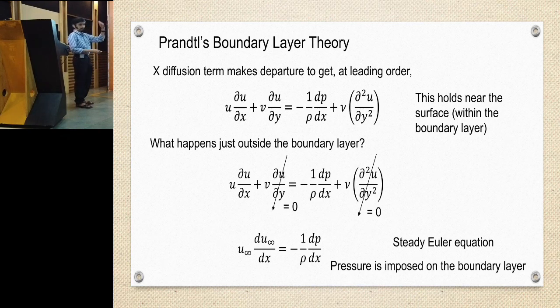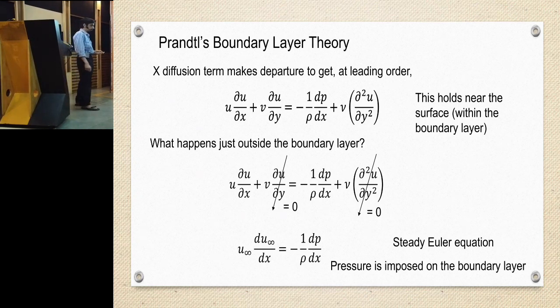And because pressure doesn't change across the boundary layer, whatever pressure you determine from the Euler equation, the same pressure is imposed on the boundary layer and holds throughout the boundary layer. So in fact, this term can be replaced by this term, okay, because of the fact that dp dy is equal to 0.